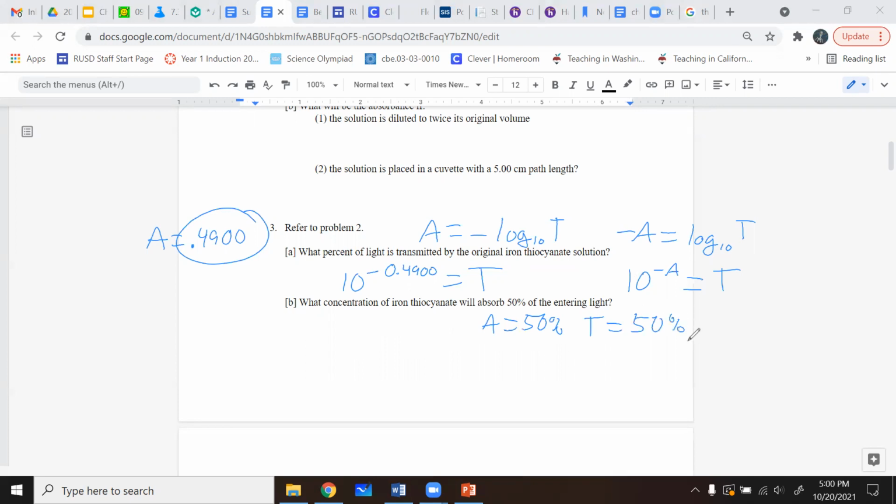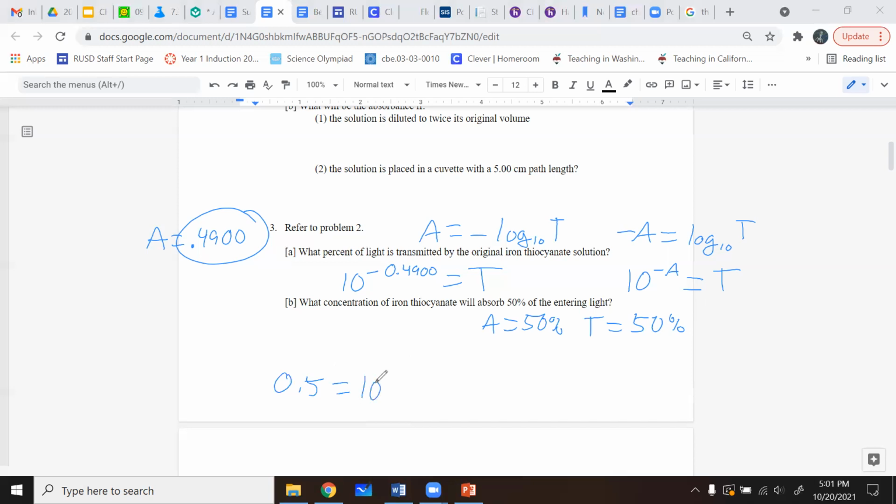Okay. So if I know that T is 50%, that makes my solution pretty easy, right? Because I want a decimal for that. So all I'm going to do is take that same information that 10 to the negative A is equal to T. In this case, T is 0.5 and A is what we are solving for initially, right?